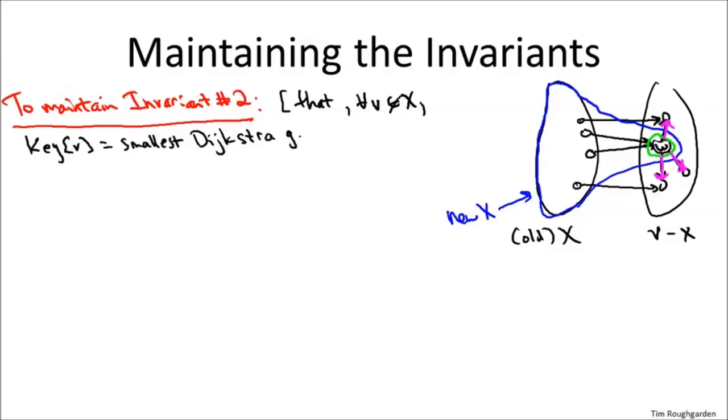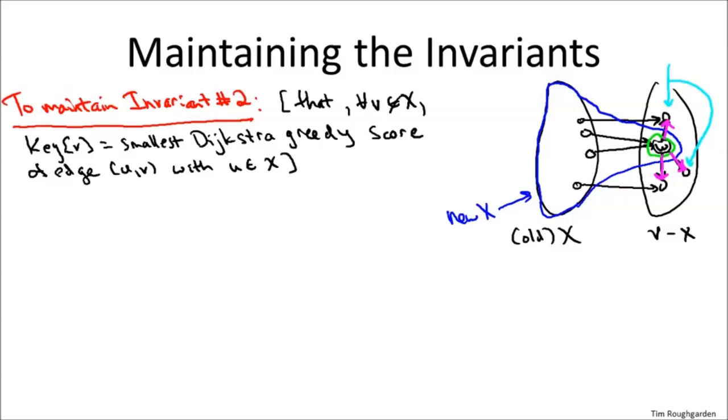As a result, the appropriate key value for vertices in the heap might be smaller now that W has been moved into X. And the candidates for the vertices in the heap whose keys might have dropped are precisely those vertices on the other end of edges sticking out of W. So summarizing, the fact that we've added a new vertex to capital X and extracted something from the heap has potentially increased the number of crossing edges across the frontier because the frontier has changed, and therefore for vertices that remain in the heap, the smallest greedy score of an edge that sticks into them from the set X might have dropped.